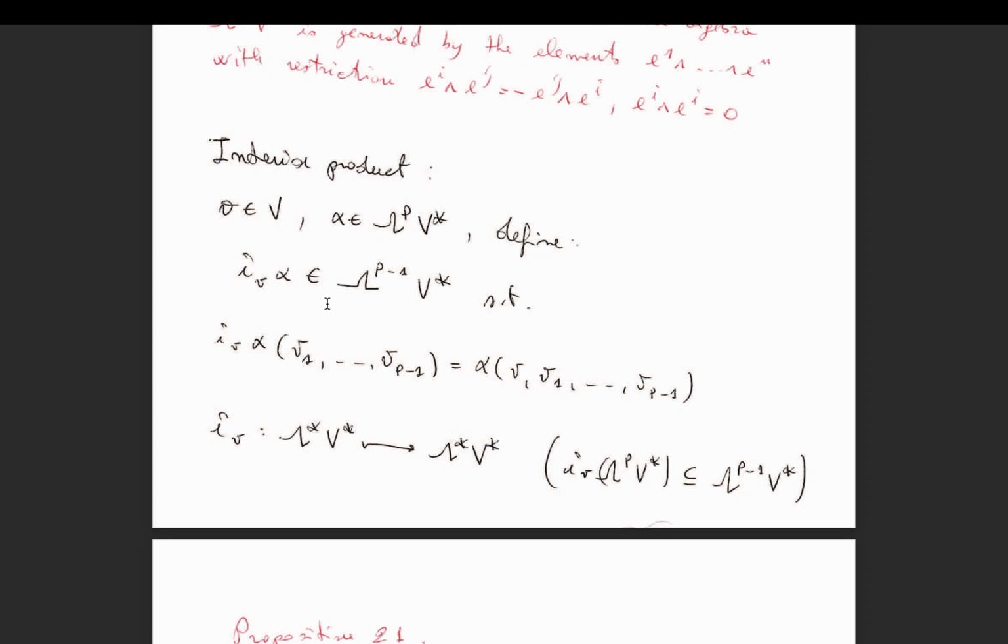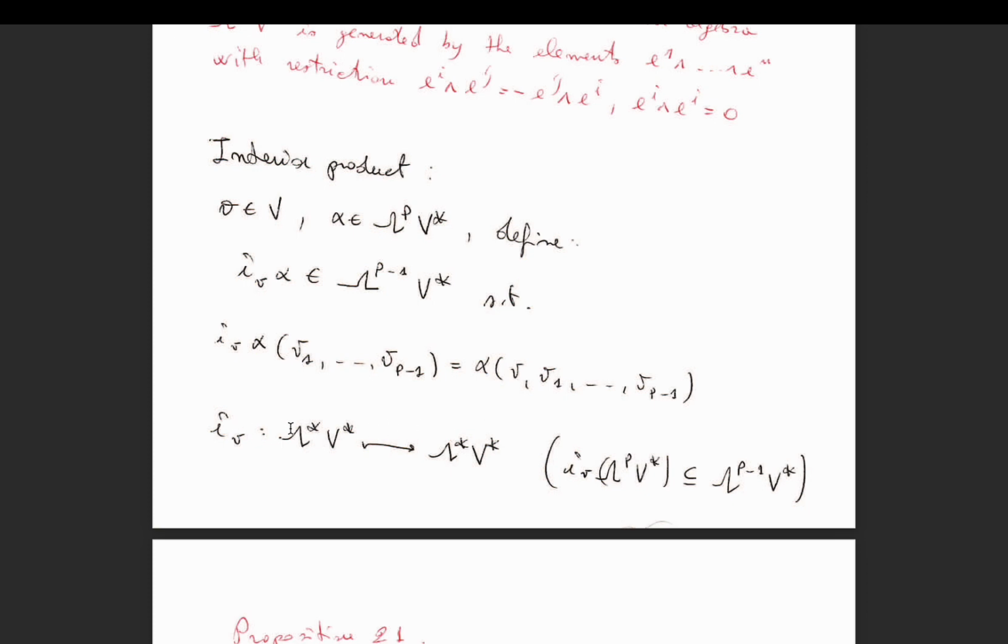If v1, ..., v_{p-1} are p-1 vectors, then i_v of alpha applied to v1, ..., v_{p-1} is equal to alpha(v, v1, ..., v_{p-1}).